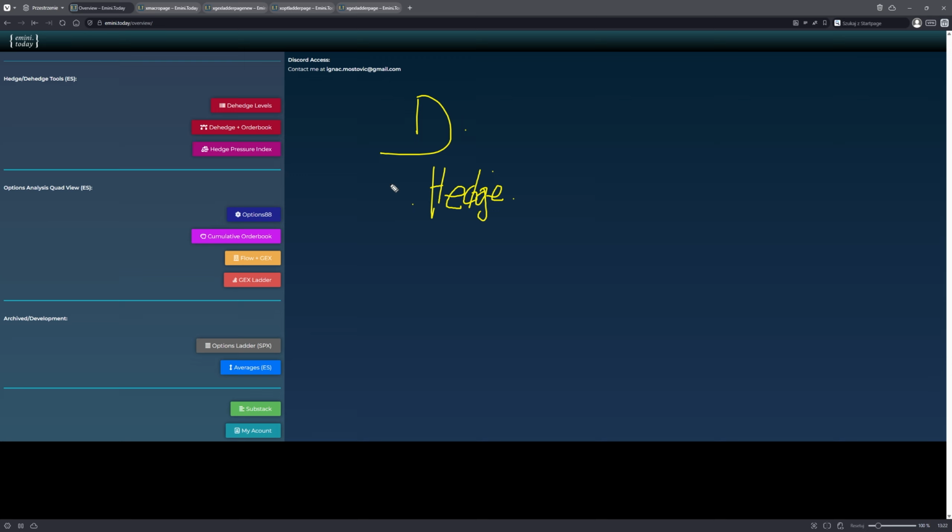So basically, in theory at least, the dealer, the guy who sells you or buys options from you, makes money just from the spread and from the cost of the transactions that you make.